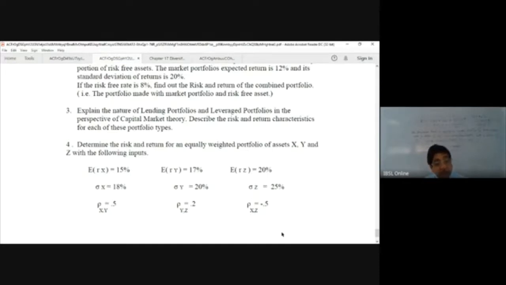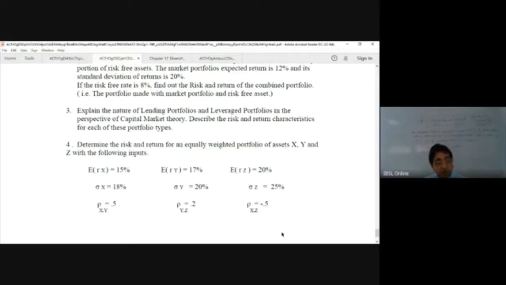Their standard deviations are also given: sigma X is 18%, sigma Y is 20%, and sigma Z is 25%. The correlation coefficients are also given: between X and Y is 0.5, between Y and Z is 0.2, and between X and Z is minus 0.5. Now, those are given.